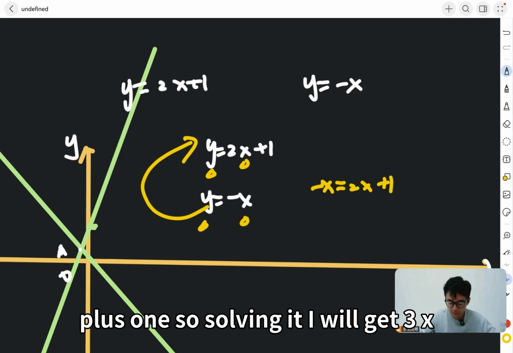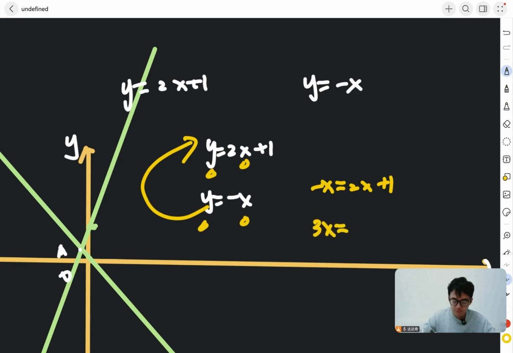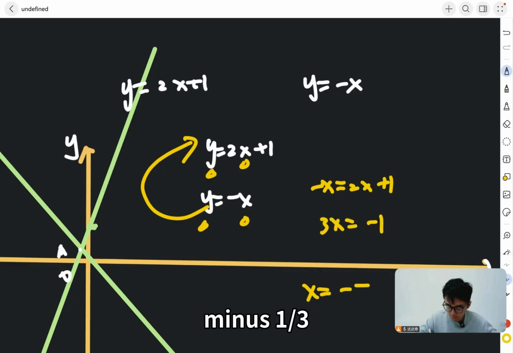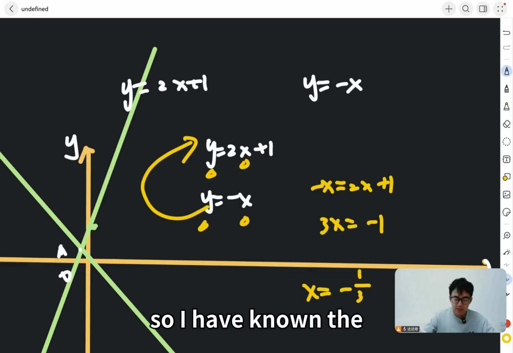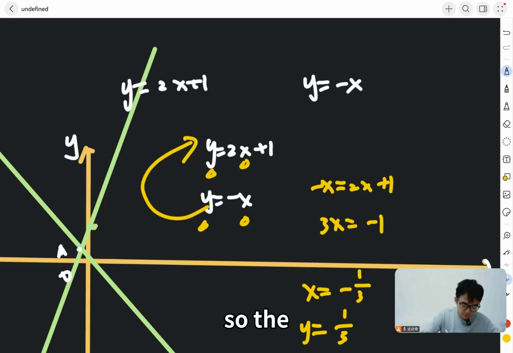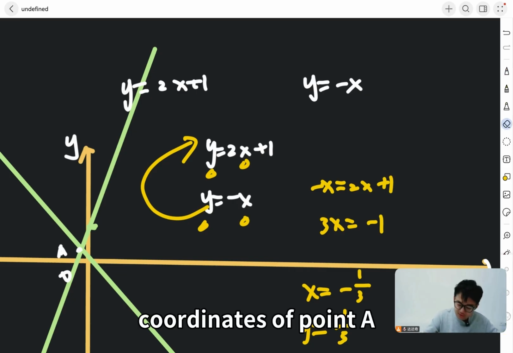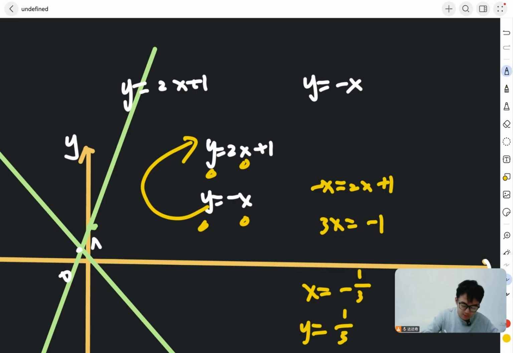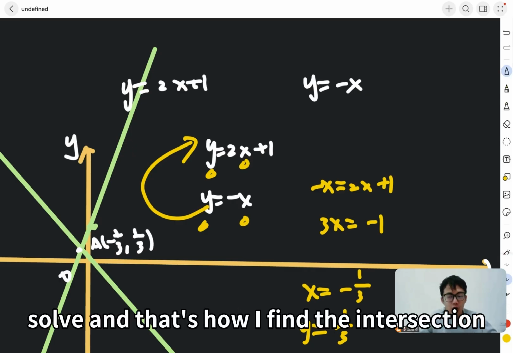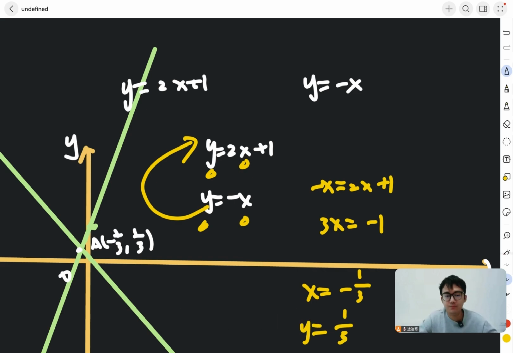So solving it, I will get 3x equals minus 1. So x will be minus 1/3. Now that I know the x coordinate, the y coordinate will be 1/3. So the coordinates of point A would be minus 1/3 and 1/3. And that's how I find the intersection between the two lines.